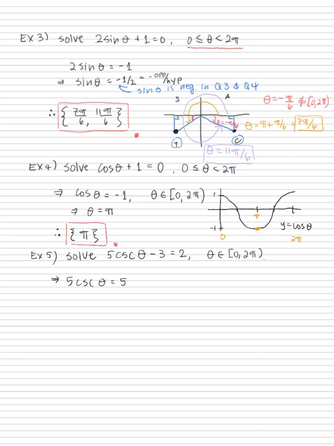Now dividing 5 on both sides, we're going to have cosecant of theta equals 1, which is the same thing as 1 over sine of theta equals 1. But 1 is the same thing as 1 over 1 now, isn't it? So basically what we need to do is just solve for theta such that sine of theta equals 1. And that theta value is going to be our answer.